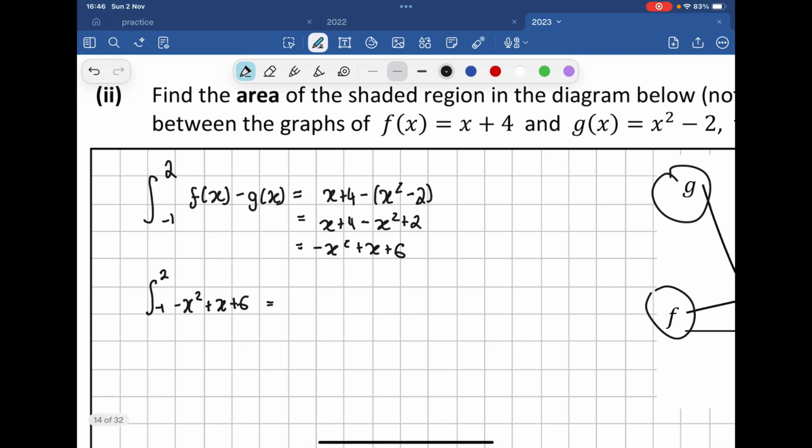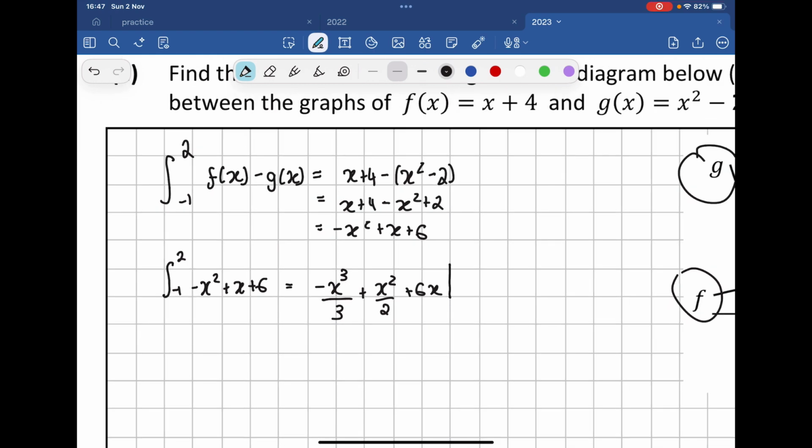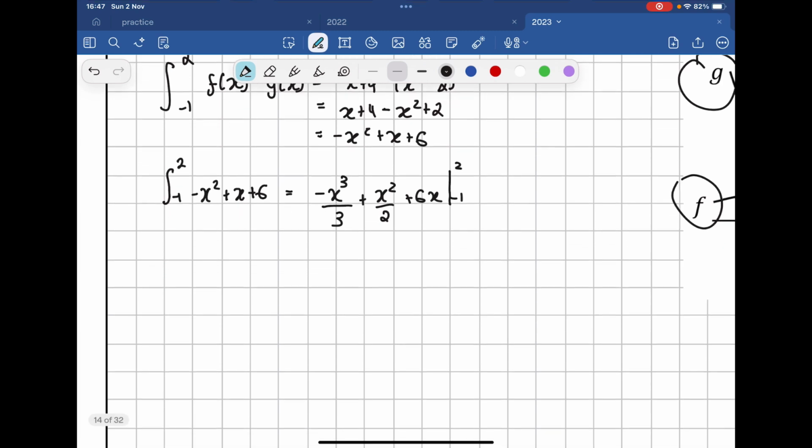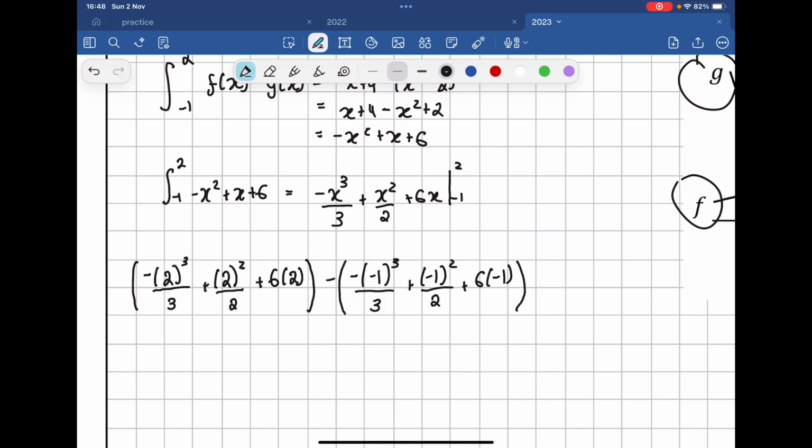So we have minus x cubed over 3 plus x squared over 2 plus 6x, with the bounds of 2 and minus 1. Now we're going to add in the fundamental theorem of calculus, where we have minus 2 to the power 3 over 3.